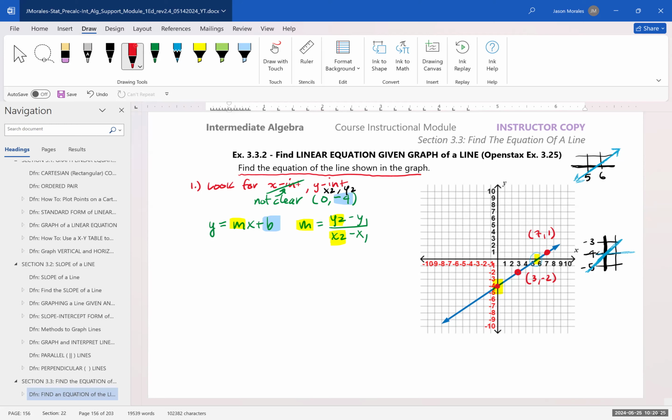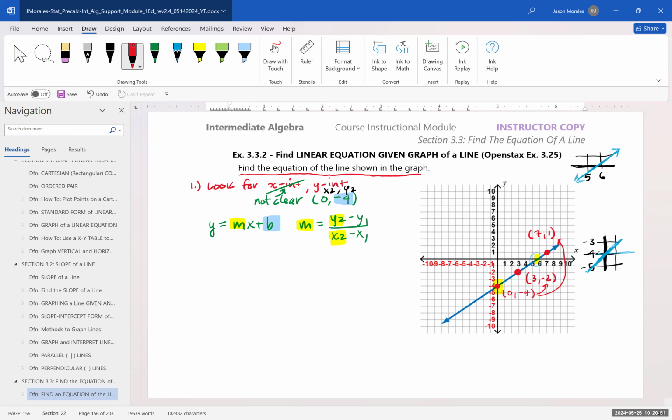So I'm afraid that we are going to get a different slope and y-intercept if we choose this point as our other point, or if we choose that one. I'm pretty sure we will. We got the space. Let's go ahead and test that theory out. That'll just give us some more practice.